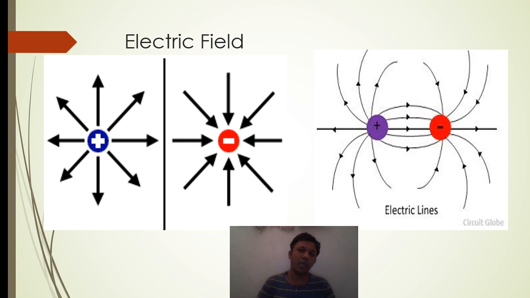Similarly for the electrical field, if you place a positive charge, it extracts the electrical field outward, and a negative charge takes the electrical lines inside it. So if you put these charges at one point, you can see that the electrical field comes from the positive charge and goes to the negative charge, and it completes the total electrical field.